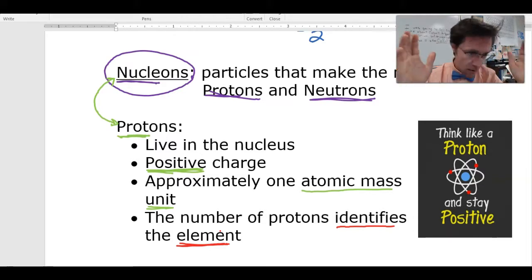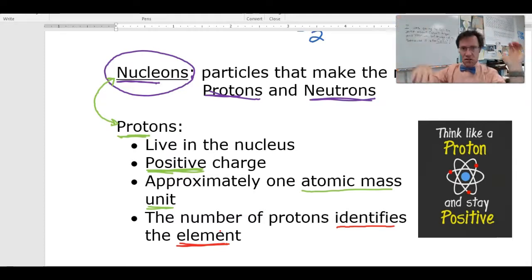So do anything else you want to the electrons and the neutrons, whatever you want, it doesn't change the identity of the atom. Isn't that trippy? The thing that makes an element is actually the number of protons. I never would have thought it, but there it is. Who am I to judge? Nature's weird, man.